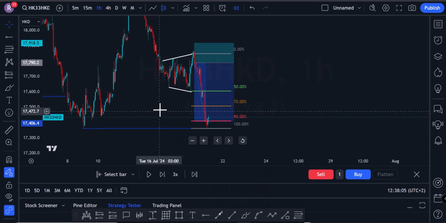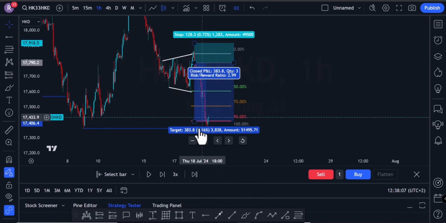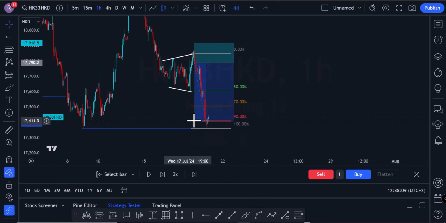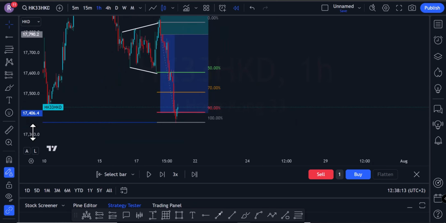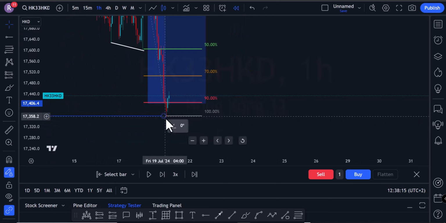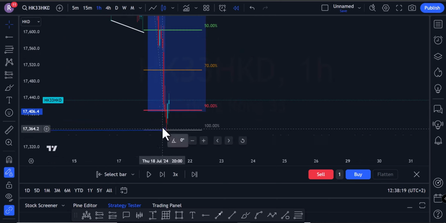I want you guys to see what happened in these areas. Fine, price did reach the 100% area, but that doesn't mean that should be a take profit. Why? Majority of the time you may find that, you see what happened here, price touched with a wick and it retraced, right? Some of the time you may find that the broker you're using didn't even fill here, right?